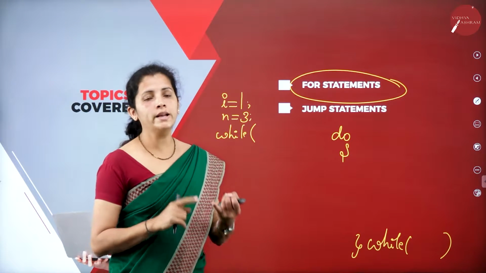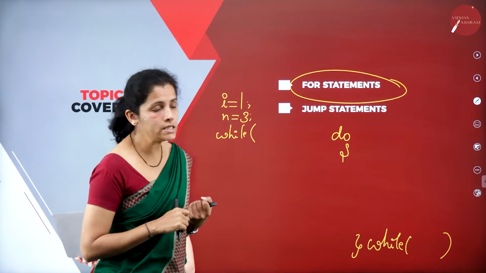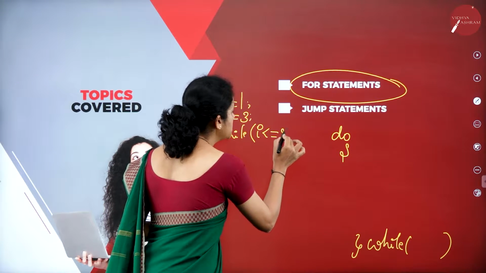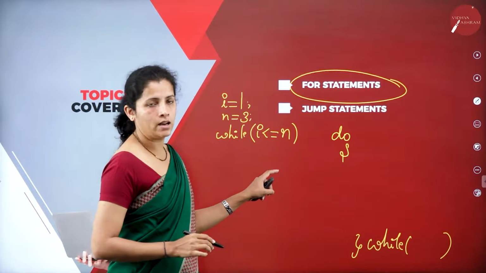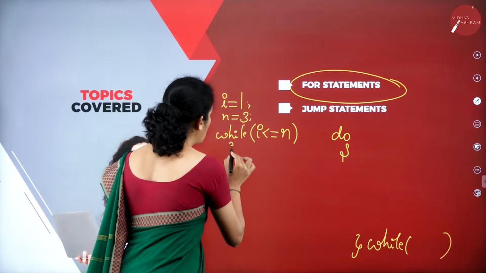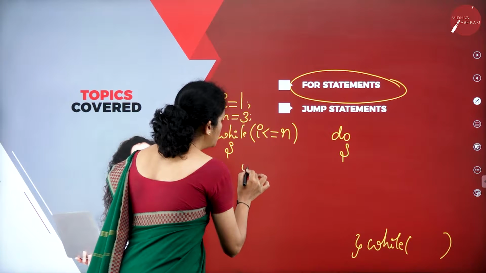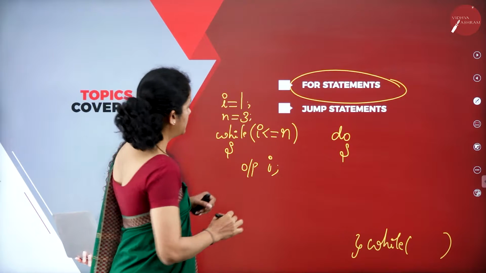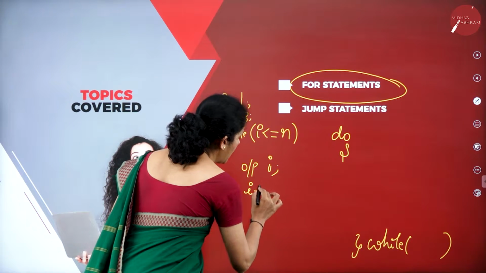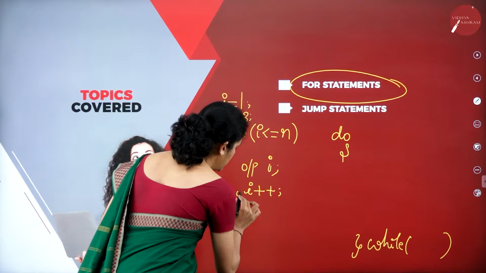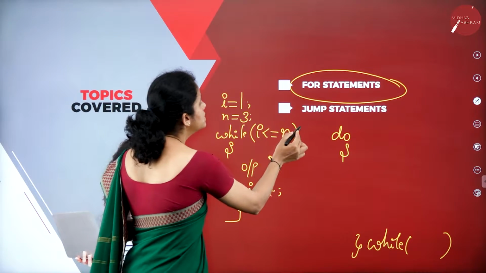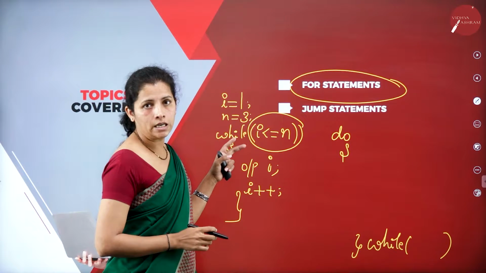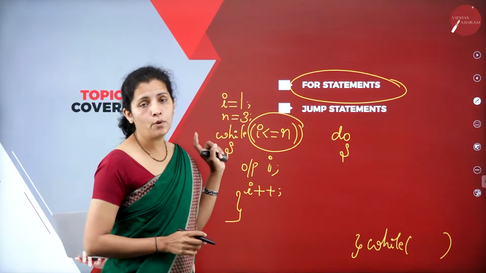So I want to print 1, 2 as well as 3. So I'm going to write the condition here, that is i less than or equal to n. If this condition is true, what I want to do? I want to print i. Along with that, I want to increment i by 1. Then close. So this type of condition is called pre-testing condition or entry point condition.